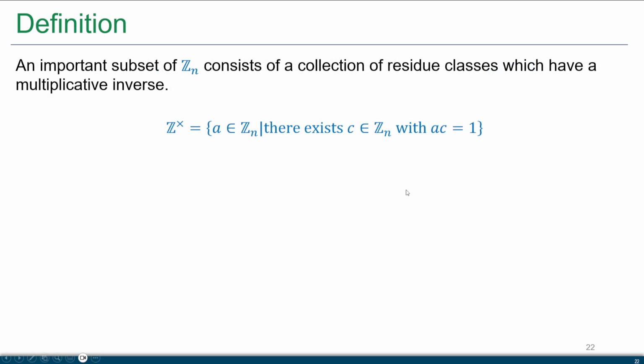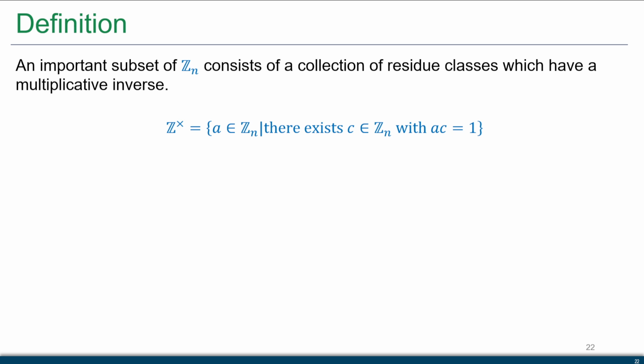So another definition. A subset of Z mod n consists of a collection of all residue classes, so all the elements in Z mod n, which have a multiplicative inverse. So this is Z mod n with an x superscript, the set of all units, the set of all invertible elements by multiplication.